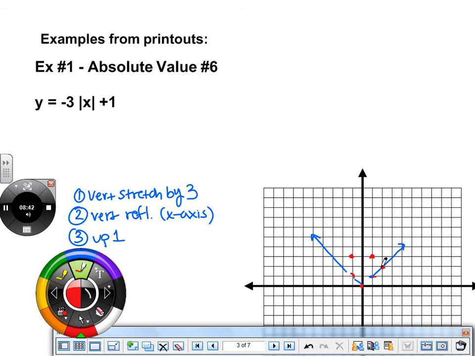We times it by 3, which is going to give us 6. This point, after a vertical stretch of 3, should not be just 2 units vertically from where the vertex is. It should be 1, 2, 3, 4, 5, 6 units away from where the vertex is. So we're looking at this. That's only after 1 change, so that's not my final answer.